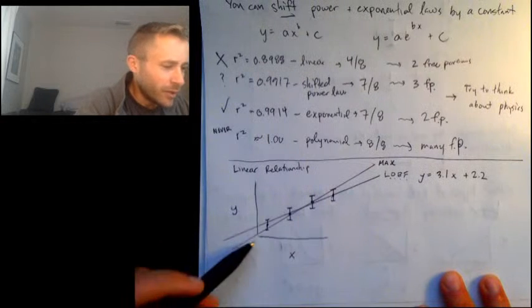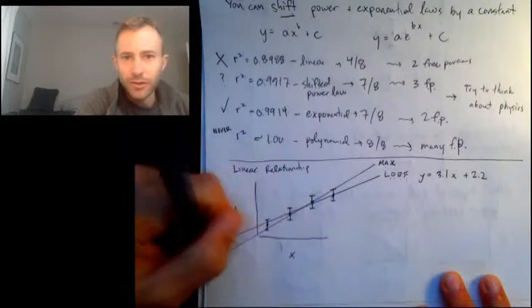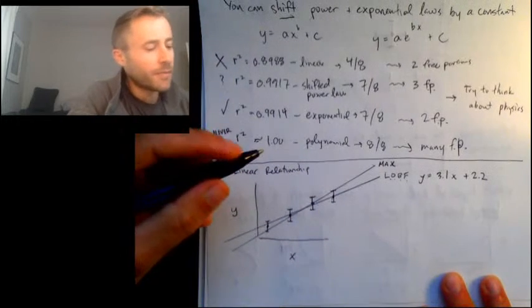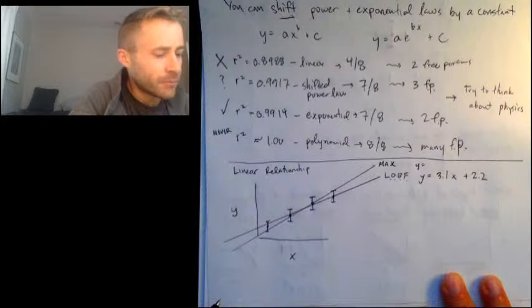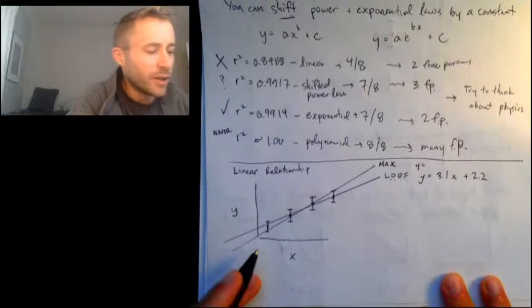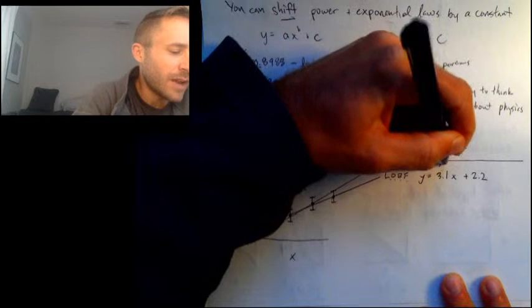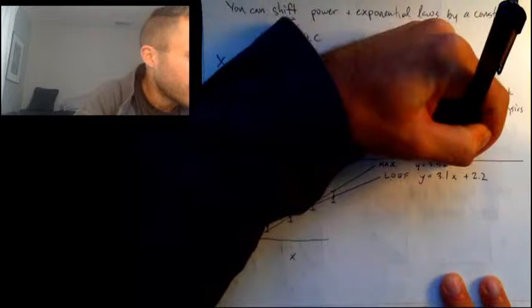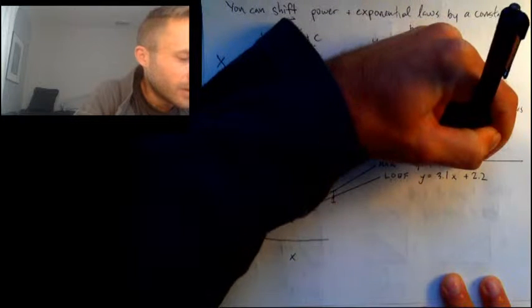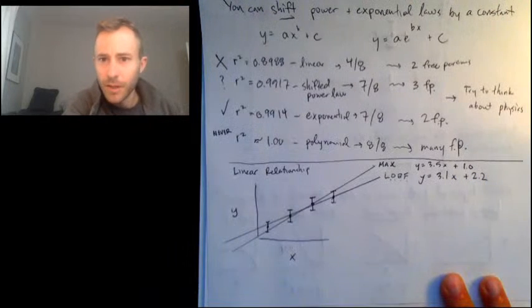And what we can see about the max line is it has a bigger slope, okay? So let's say you found the equation of your max line, all right? So maybe your max line is y equals, it has a slightly bigger slope, so maybe y equals 3.5x. And we can see that the intercept is actually smaller, okay? So maybe it's plus 1.0, something like that. I'm just making up the numbers.